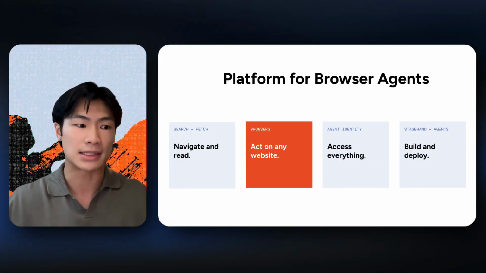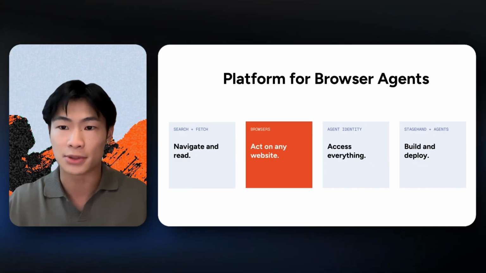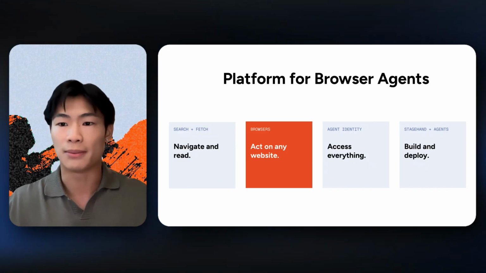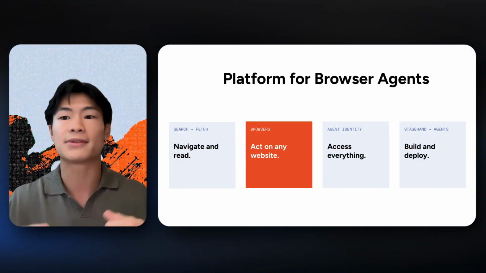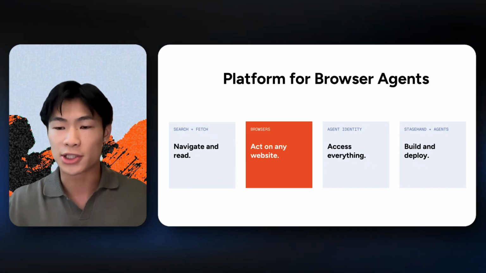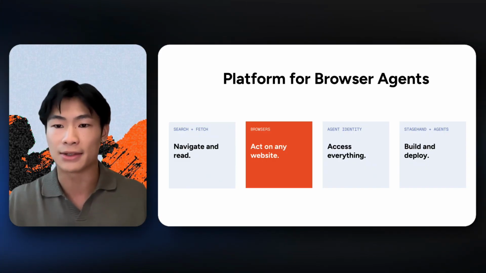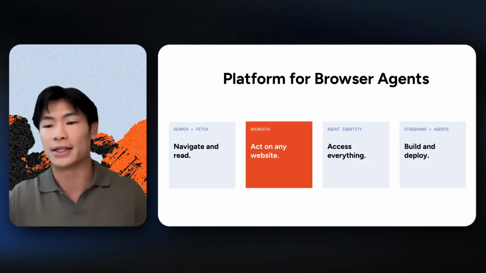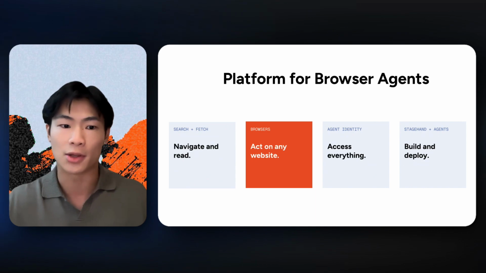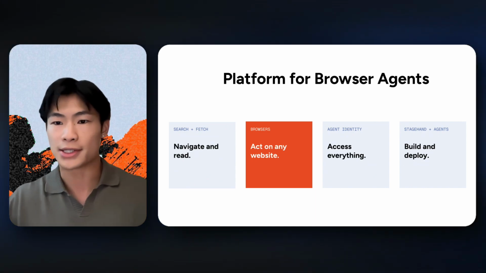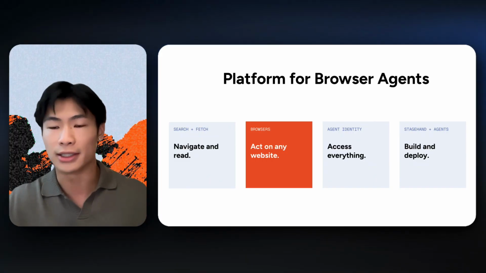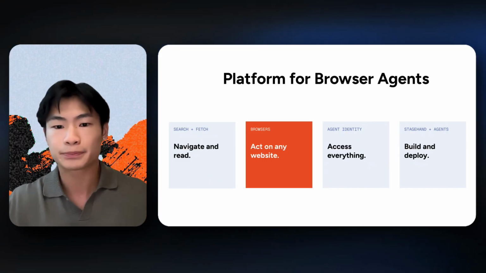So you've probably seen your coding agents be able to search the web for documentation or search the web for the latest version of a package that you're using when you're writing code. And so search is one of those early primitives that allows you to read from the internet. But when you actually want to write stuff to the internet and take actions on the web, you need a browser. And so we provide headless Chromium browsers to act on any website that's on the internet.